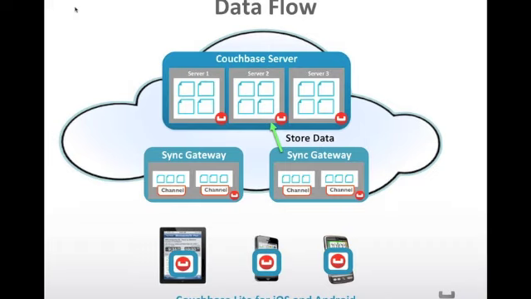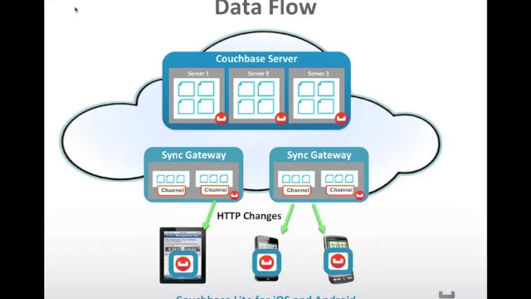So Couchbase Server has a feed called tap feed and a protocol called the Universal Protocol for Replication. And together those allow the Sync Gateway to know in real time what documents have changed in Couchbase Server, and then again to broadcast those changes back out to any connected clients.